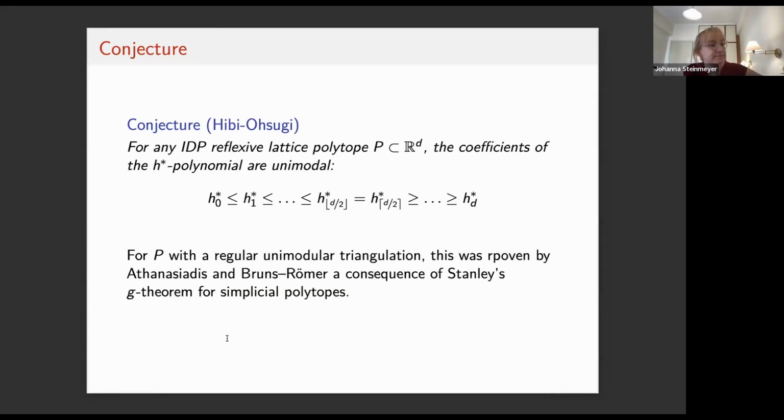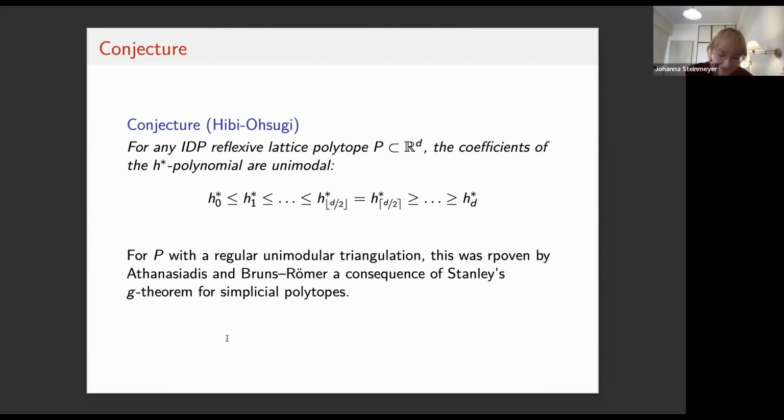Now, history. If our polytope is not only IDP and reflexive, but also admits a regular unimodular triangulation, then this was already proven by Athanasiadis. Okay, I'm bad with Greek names.